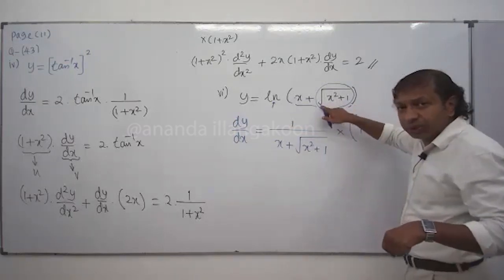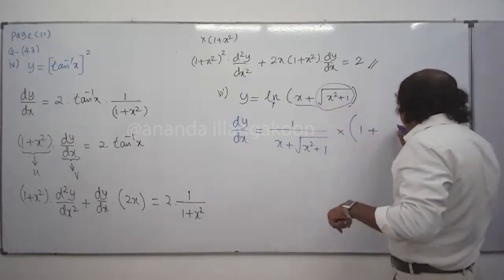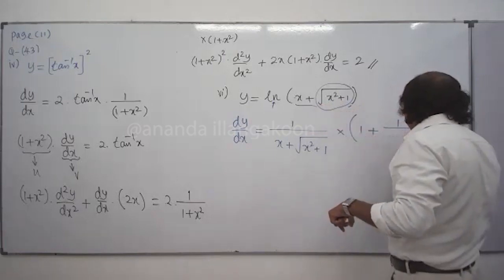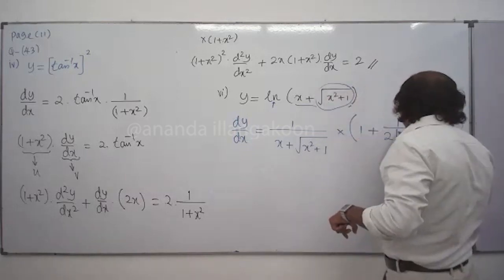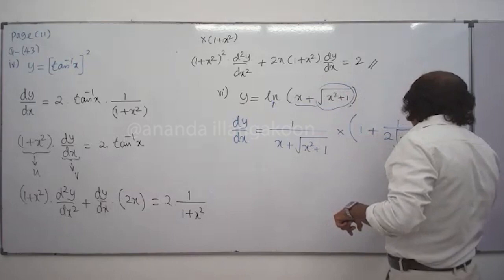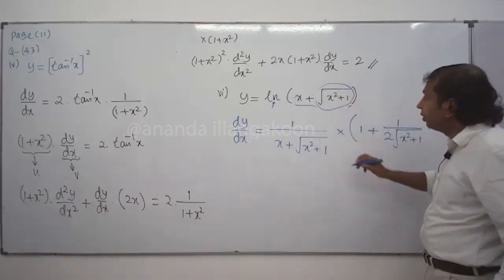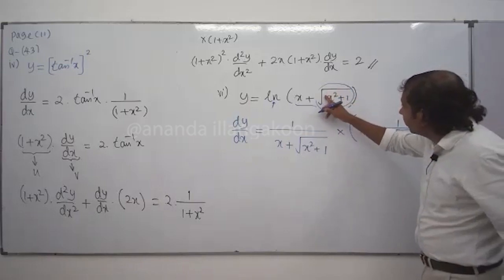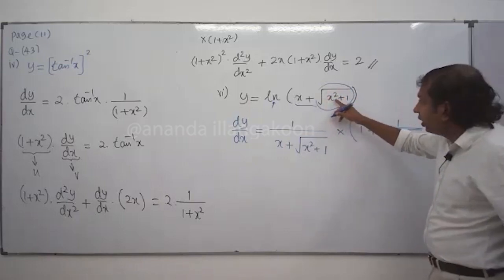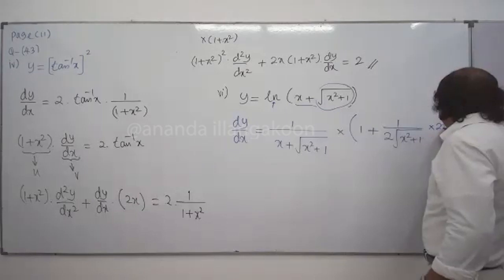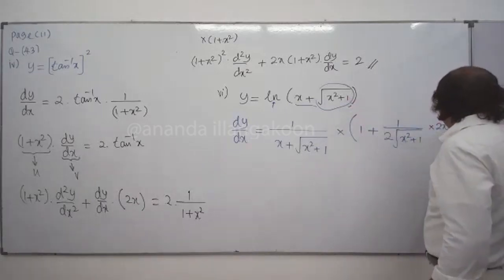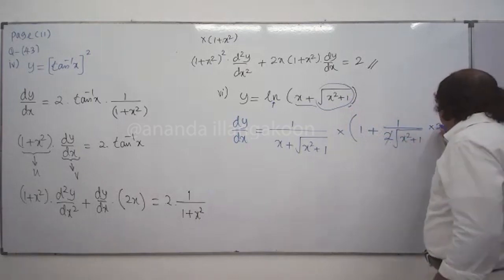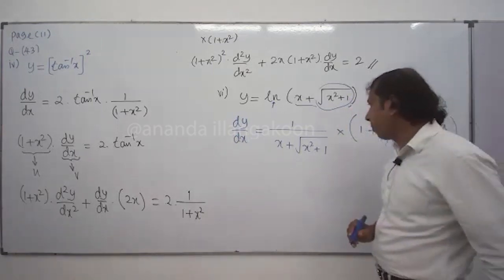When we differentiate root, people, it is 1 over 2 times the same thing, multiplied by the derivative of this function. X squared derivative is 2x. 1 is the constant alone, 0. Then only 2x. Then this 2 and this you can cancel down.